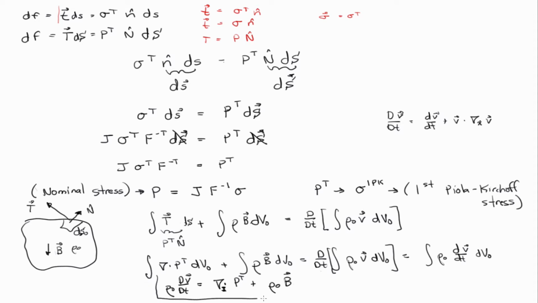Remember, P transpose is the first Piola-Kirchhoff stress, so we can say rho 0 dv/dt is equal to grad X of the first PK plus rho 0 b.